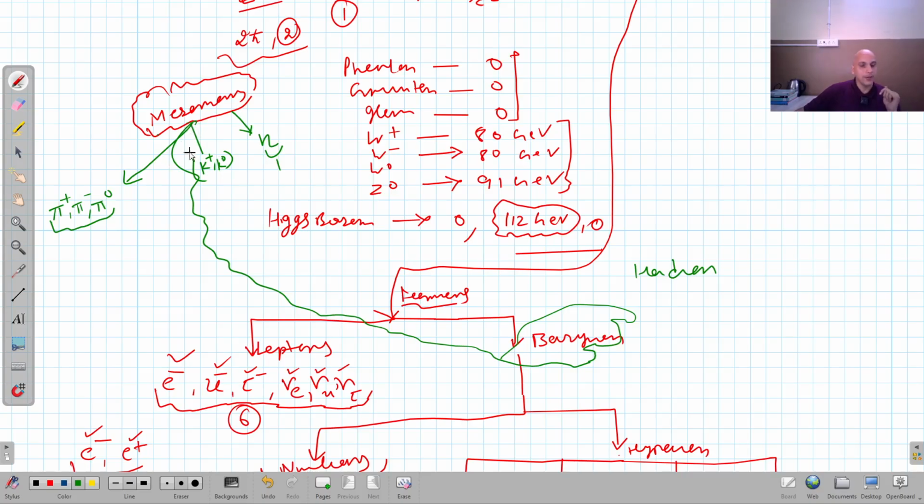So this is the family of mesons, and they are also bosons, because their spin is integral. So we have to remember the families of the different mesons. In the case of pi meson, three family members. In the case of K meson, two family members, K positive, K naught. Whereas in the eta meson, only one family member, eta naught, right?